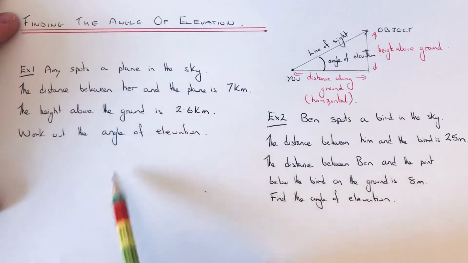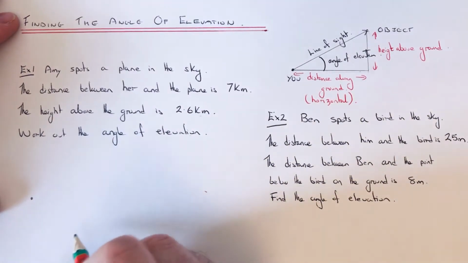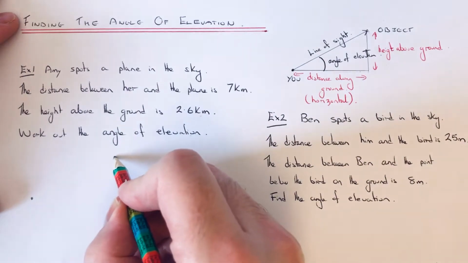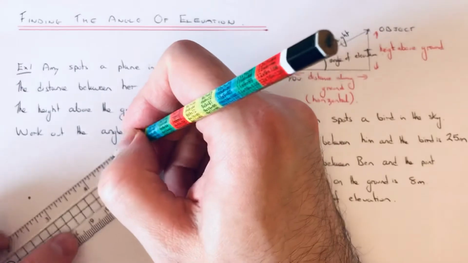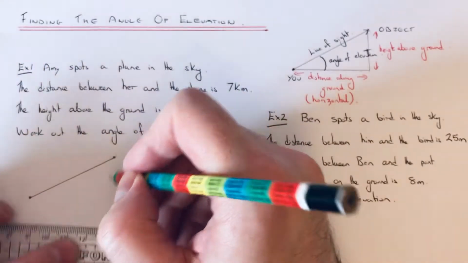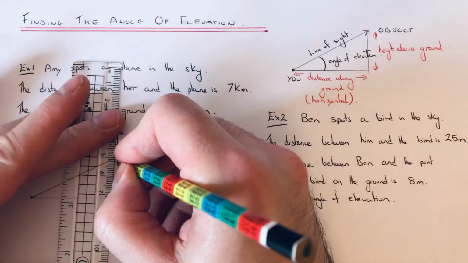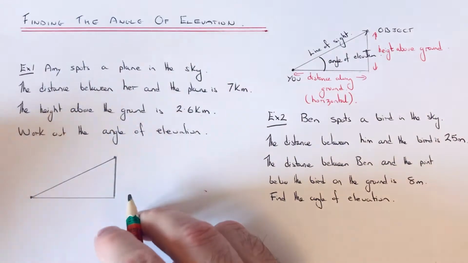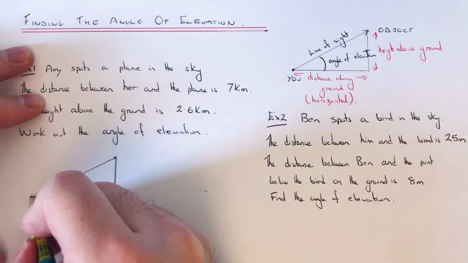Okay, so we have Amy on the ground, let's put her there, and we've got a plane in the sky, so let's put that there. Okay, so I'm going to turn these 2 points into a right angled triangle. And let's put our measurements on our diagram. So the distance between her and the plane is 7 kilometres.